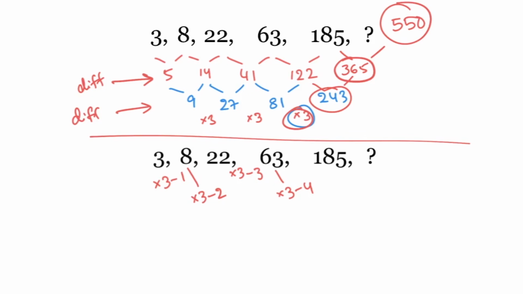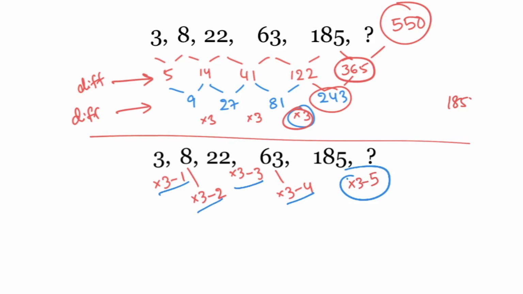If you see, the pattern is into 3 minus 1, into 3 minus 2, into 3 minus 3, into 3 minus 4. Next it will be into 3 minus 5.